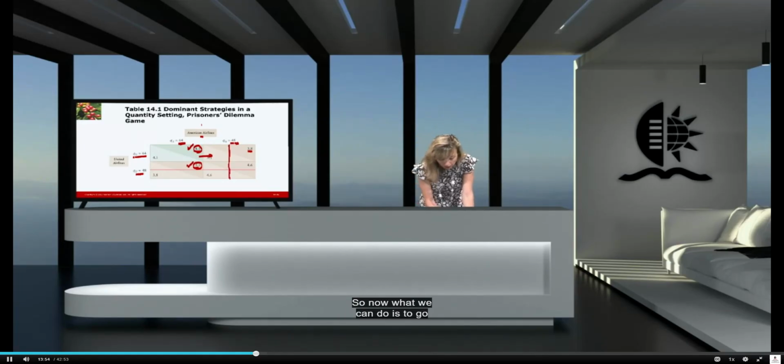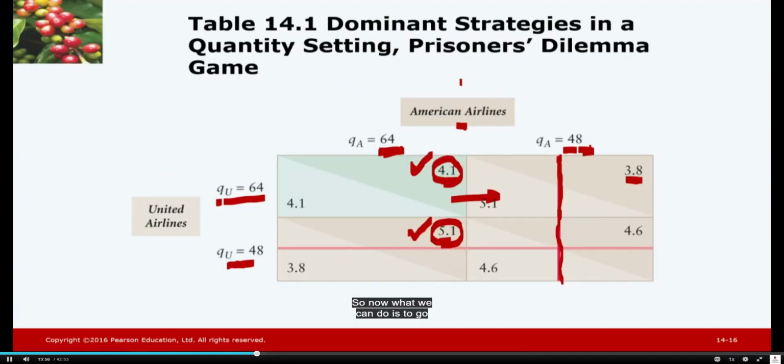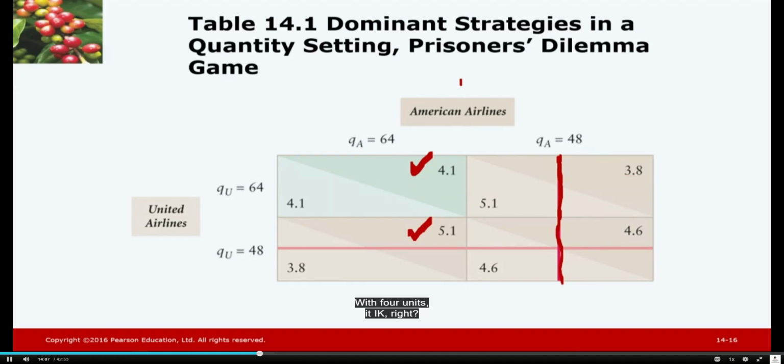Now what we can do is go through this and see what's going to be the case for United. In this instance, we're going to read down the columns. If we're looking at United's best response, we've got to start with American Airlines.